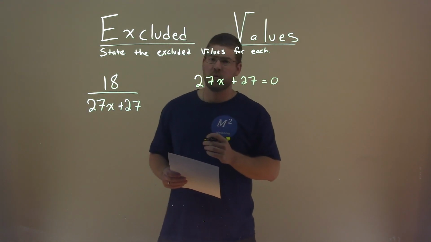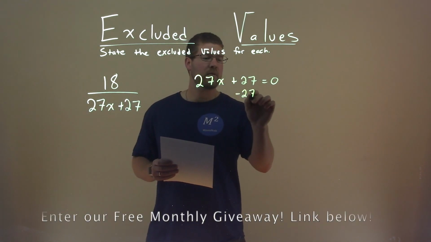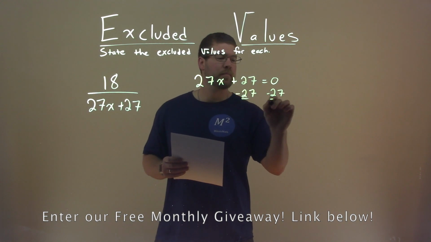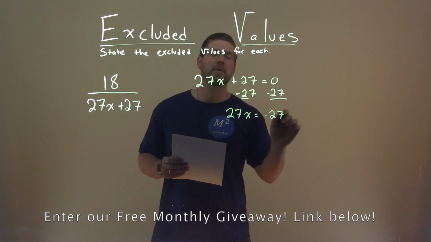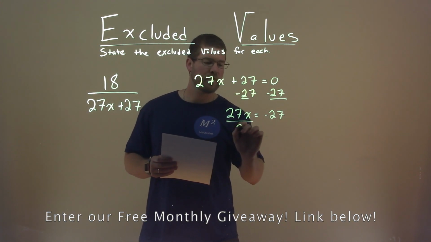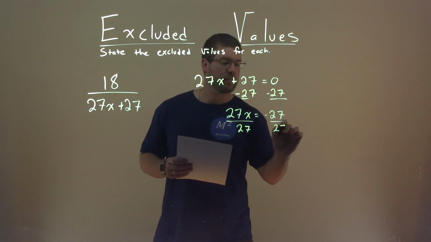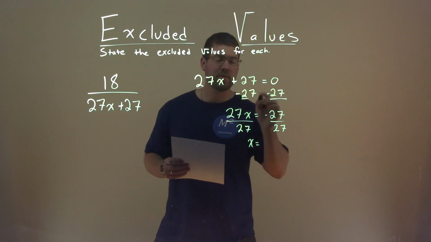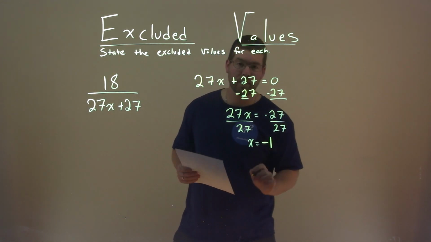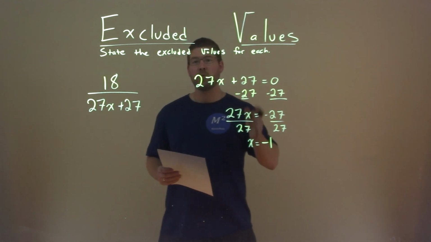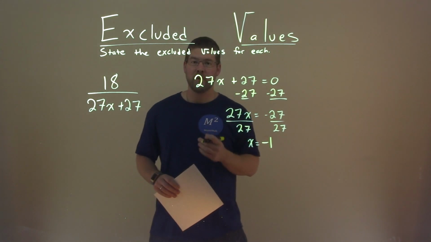And now we're going to solve for x. Subtract 27 from both sides, and 27x equals a negative 27. Divide both sides by 27, and x equals negative 27 divided by 27, which is a negative 1. And so negative 1 is our excluded value.